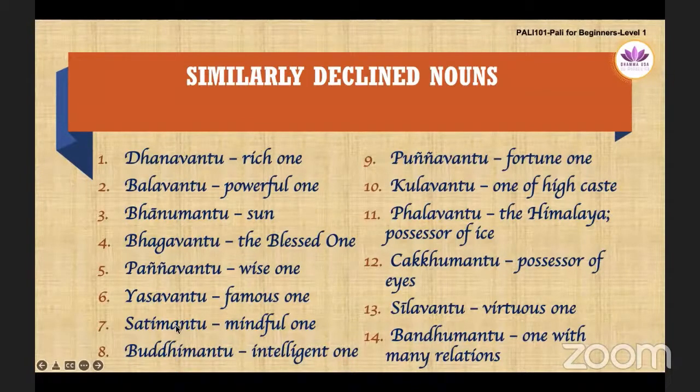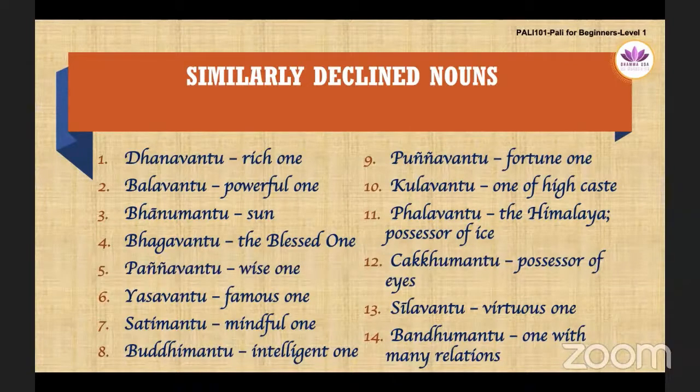So in that case, we use Mantu. Sati is mindfulness, so Satimantu means the one who has mindfulness, that is a mindful person. Buddhi is intelligence, so the one who has Buddhi is called Buddhimantu.